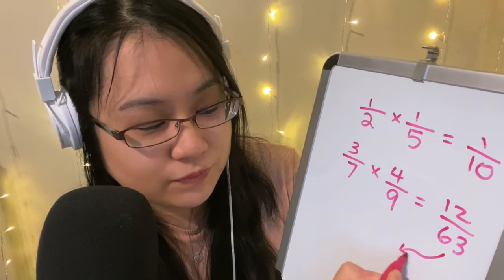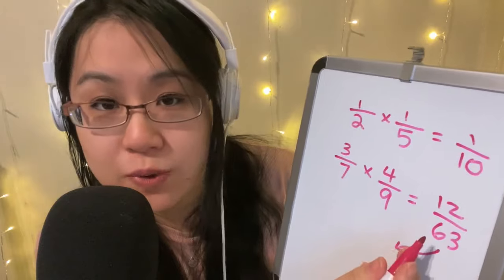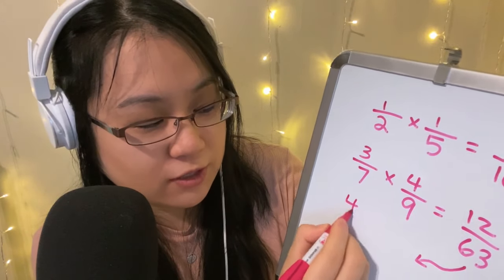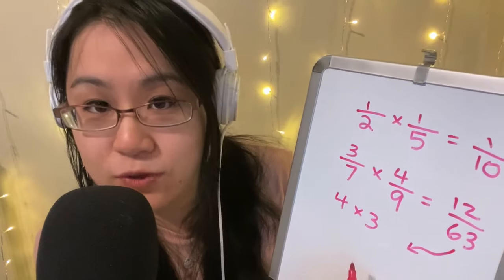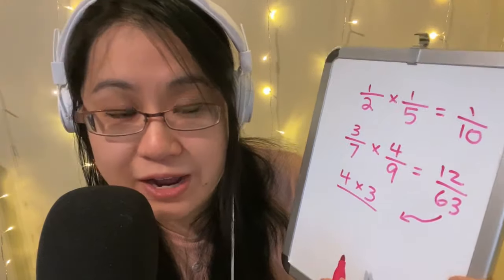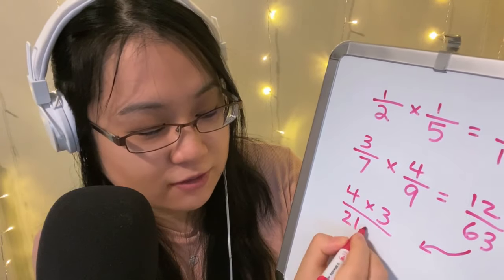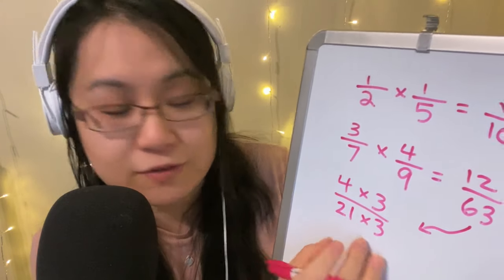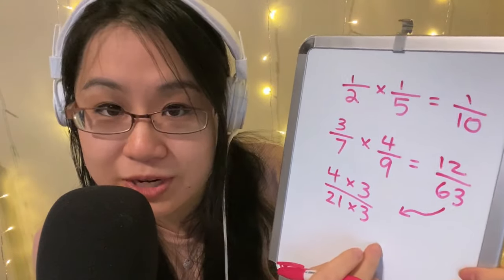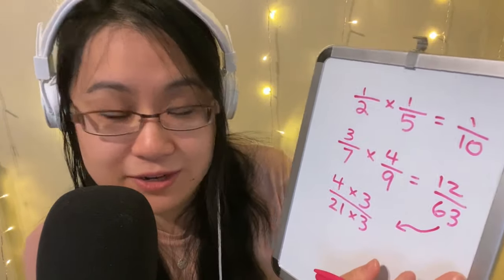So what I mean by that is 12 can be written as 4 times 3, because 4 times 3 is 12. And 63 can be written as 21 times 3. You can confirm that if you need a little more time, that's okay. 21 times 3 is 63.